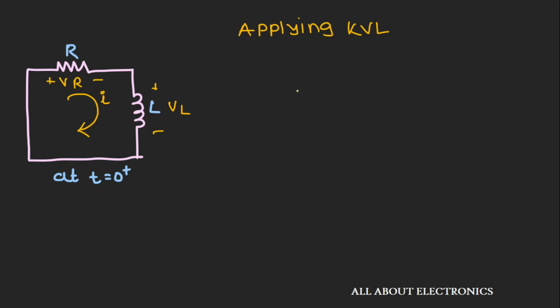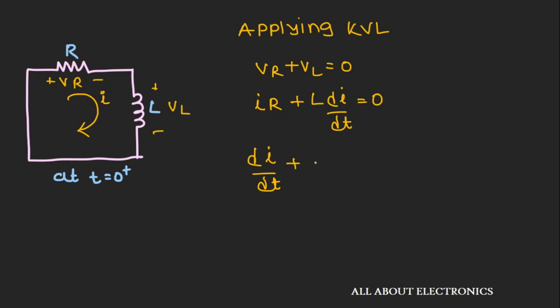Applying KVL, we can write VR plus VL is equal to 0. Now VR can be given as I into R, and VL can be given as L into di by dt. If we further simplify it, we can write it as di by dt plus R by L into I, that is equal to 0.